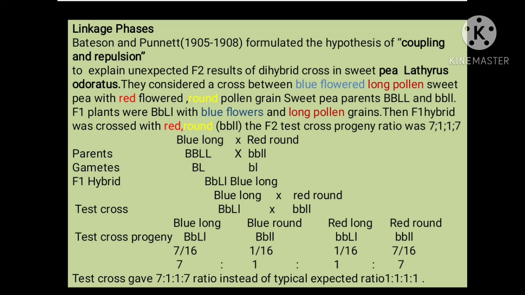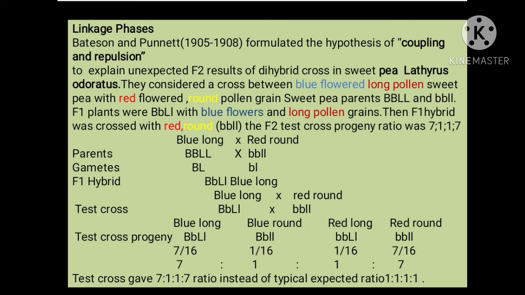You may see the cross: the parents, blue long, crossed with red round. The gametes of the parental plant, the blue long, are capital B, capital L, and the red round is small b, small l.